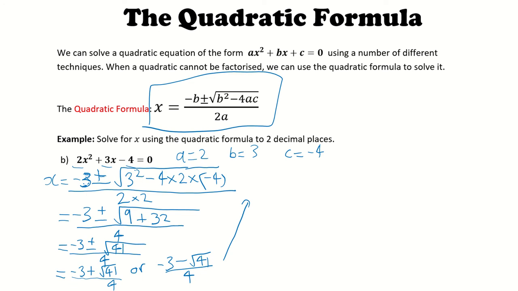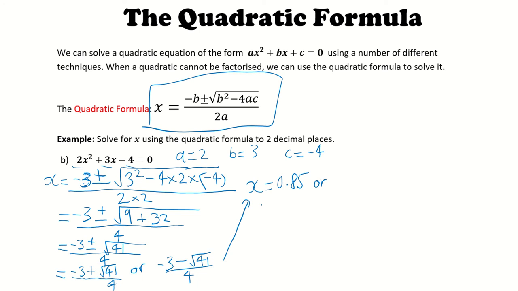0.85. So x is equal to 0.85, or, and then if I do minus 3 subtract square root 41, and that gives me minus 9.4, and if I divide that by 4, I'm going to get minus 2.35.